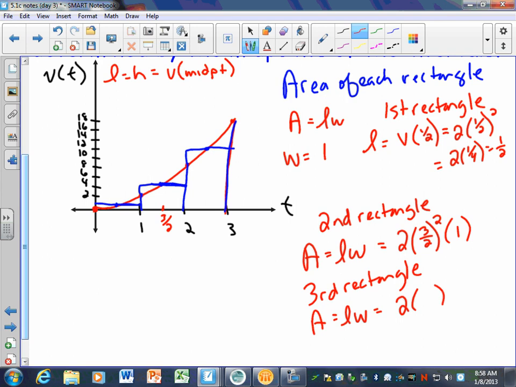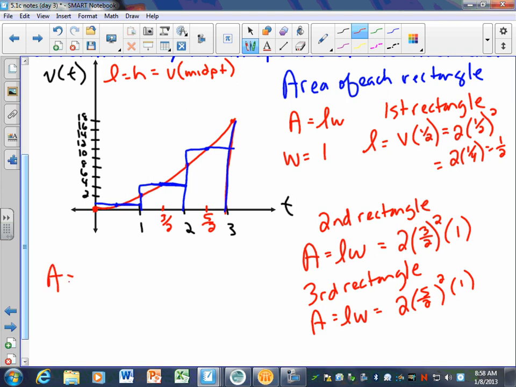What am I going to plug into this one? What's that midpoint? 5/2 times 1.